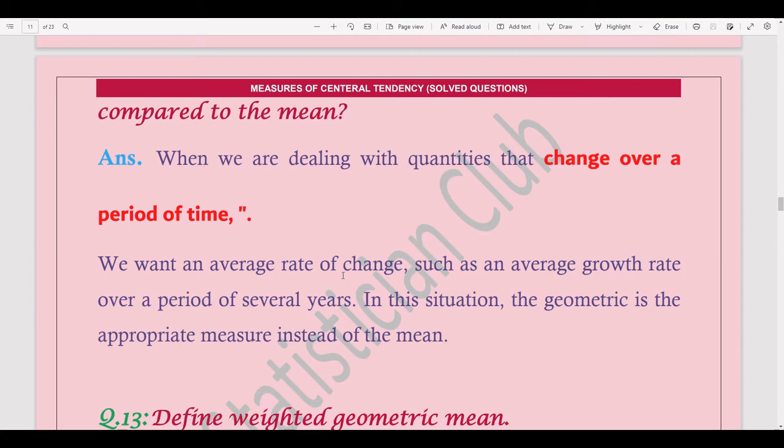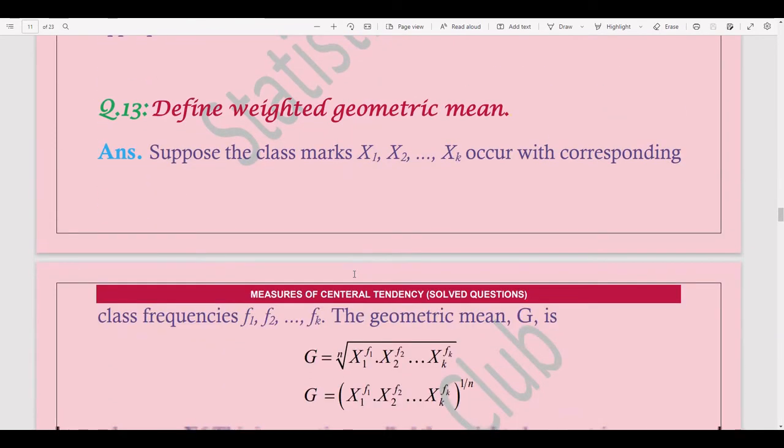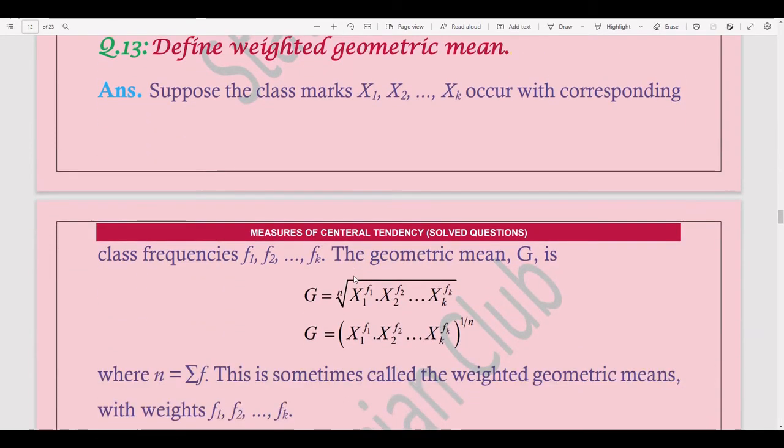Suppose we want an average rate of change, an average growth rate over a period of several years, or increase in salary. In such situations, in case of increase or decrease rate of change, the geometric mean is the suitable average as compared to the mean.